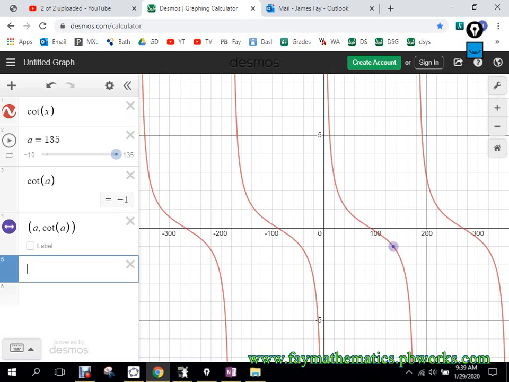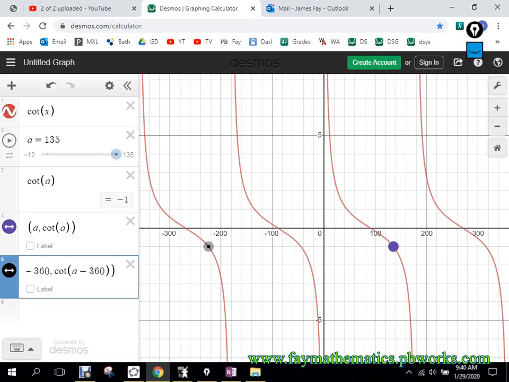Does it look like these branches of this function are the same, just cut and pasted? Yeah. Okay. So if I take this one here, I'm looking at A minus 360. So -225 would be the angle theta that I'm interested in, comma, now cotangent of A minus 360, does it give me that same point?